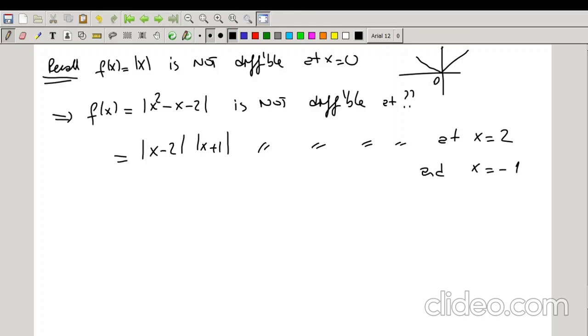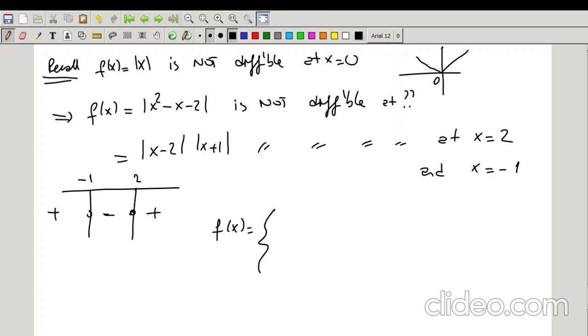Or you can also sketch the following table for the values minus 1 and 2. If you remember from high school, these are the roots. The signs are plus, minus, plus, so it is positive here, negative here, positive here. So we can rewrite f of x in the following way.